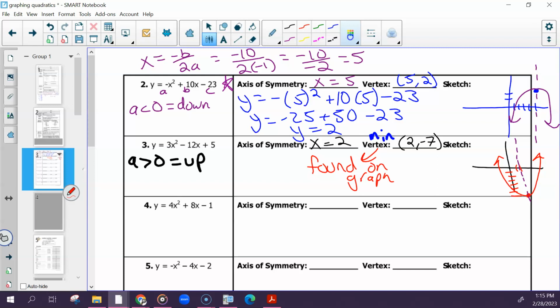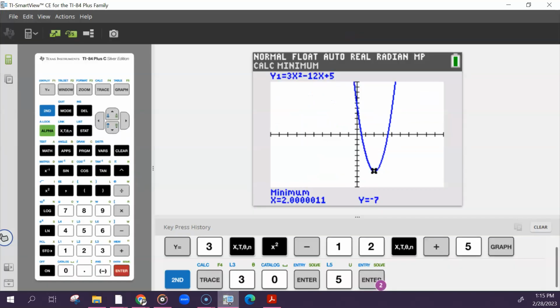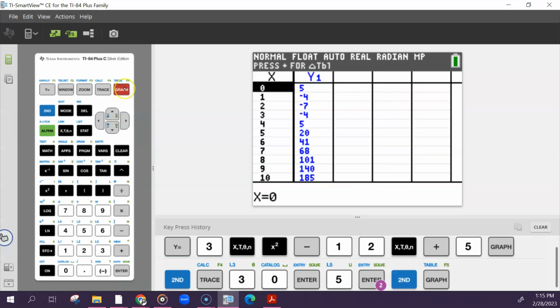We're going to go back and do this same problem but in the table so you see how to do that. So it's already in your calculator. Go into second graph. That's where your table is. And you'll see that your y values start to repeat. Like here I see -4, -4, 5, 5.